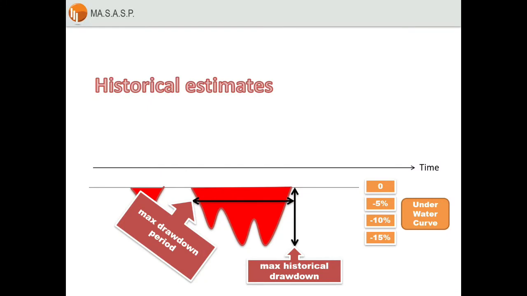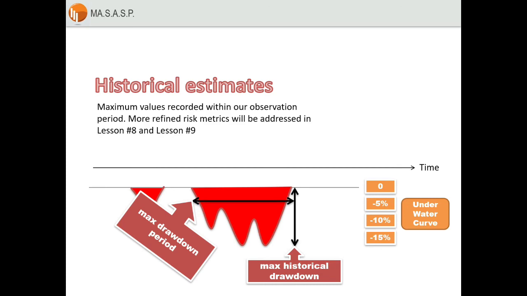Please note that both the maximum drawdown and the maximum drawdown period are historical estimates. They are just the maximum values recorded within our observation period. More refined risk metrics will be addressed in Lesson 8 and Lesson 9.